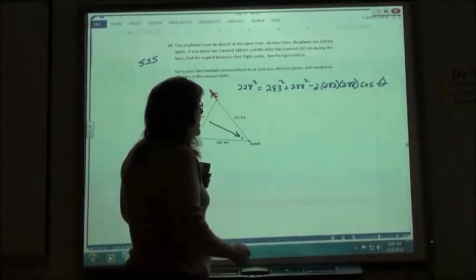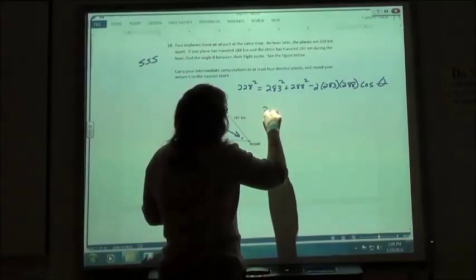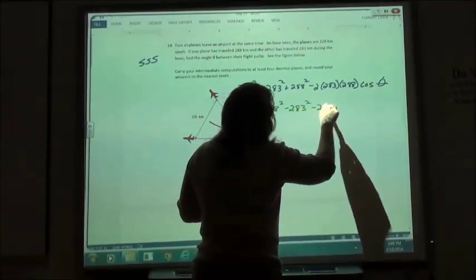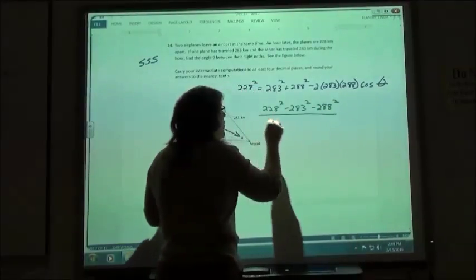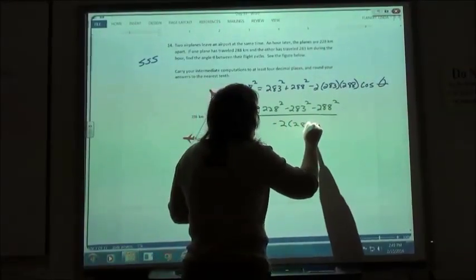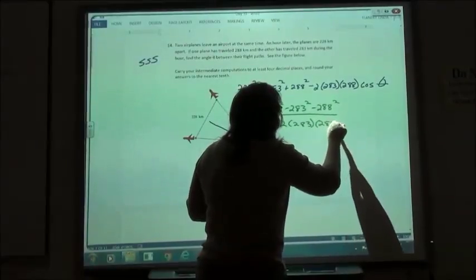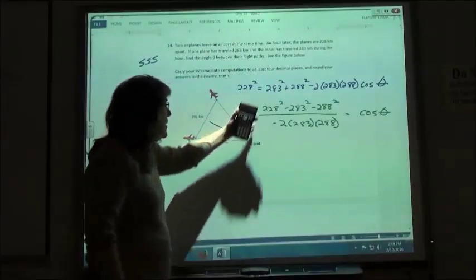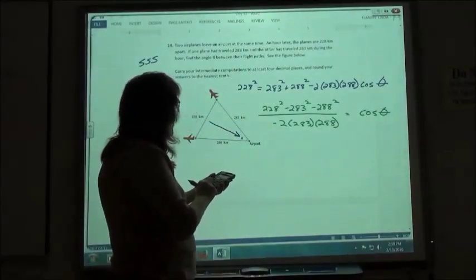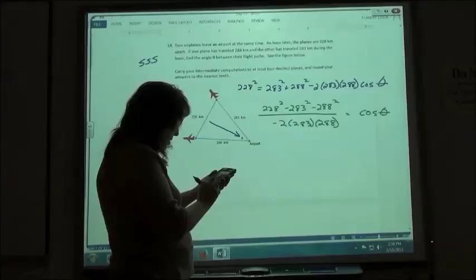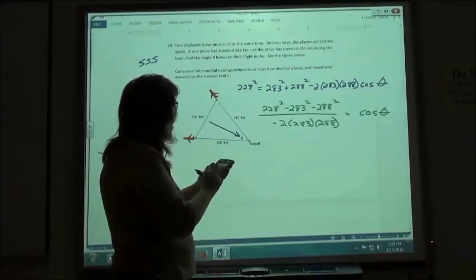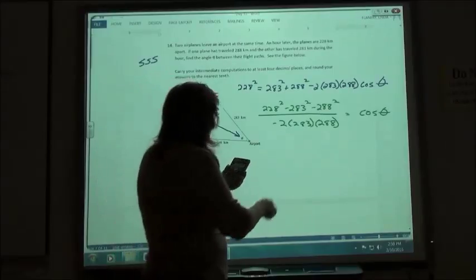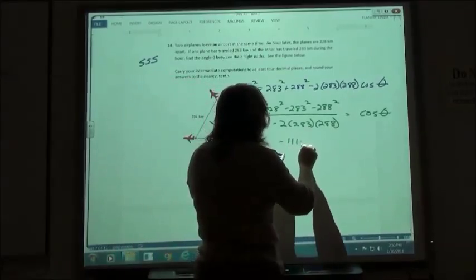So when I solve this like I did before, I'm going to have 228 squared minus 283 squared minus 288 squared over negative 2 times 283 times 288. That's going to equal the cosine of my angle. So simplifying the top, 228 squared minus 283 squared minus 288 squared gives me negative 111,049.